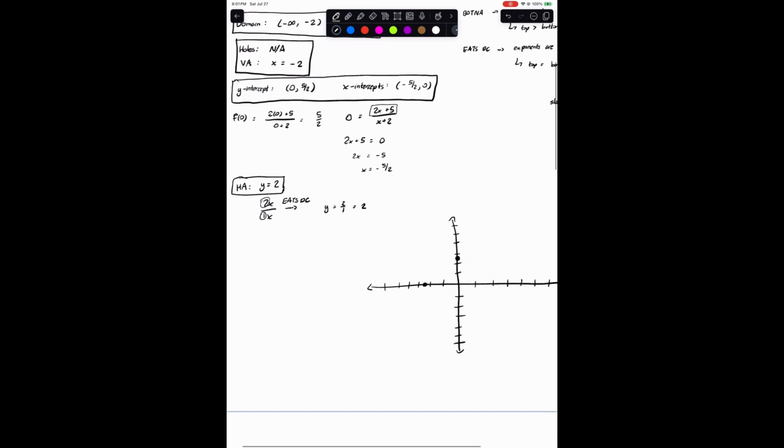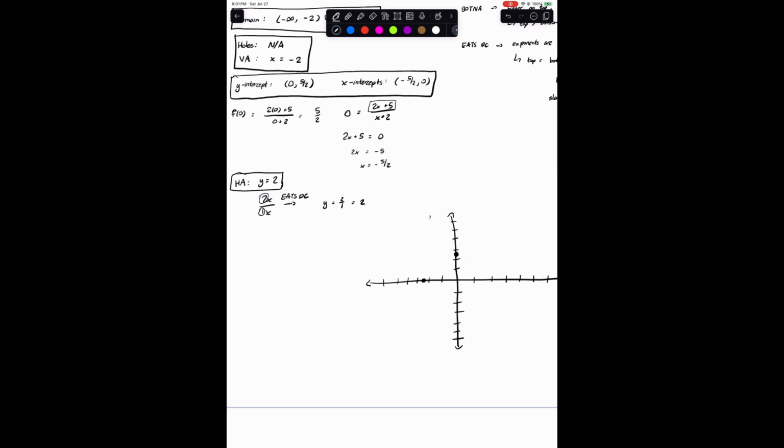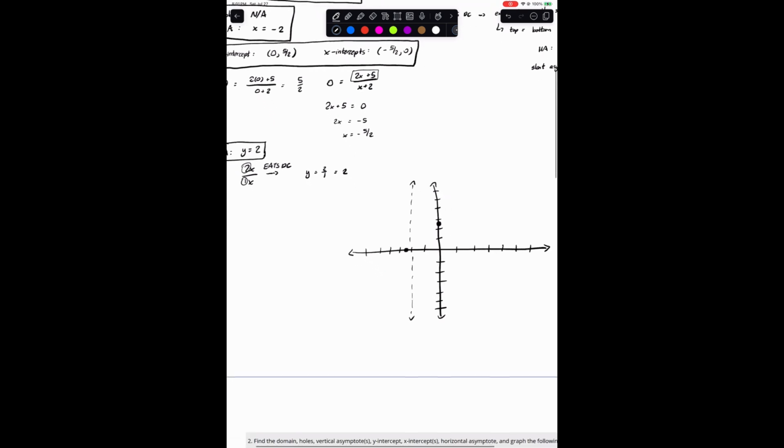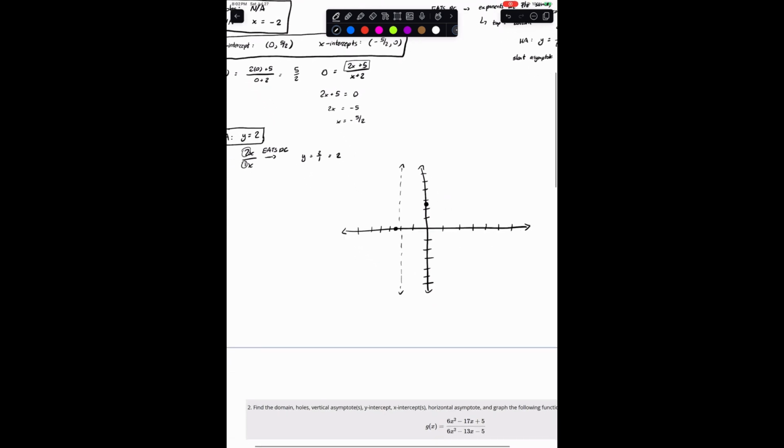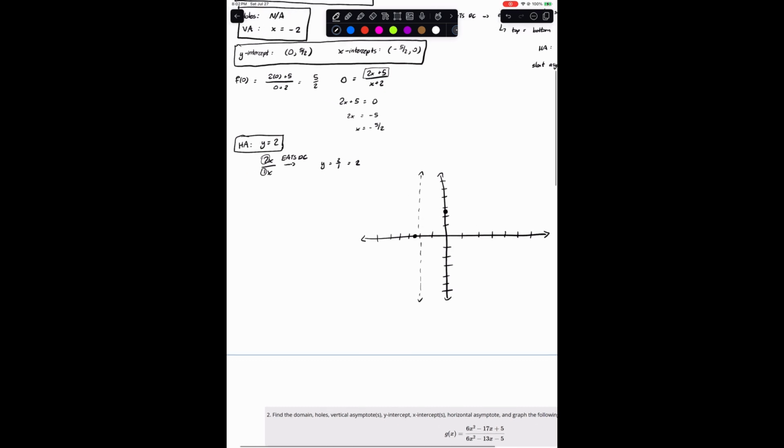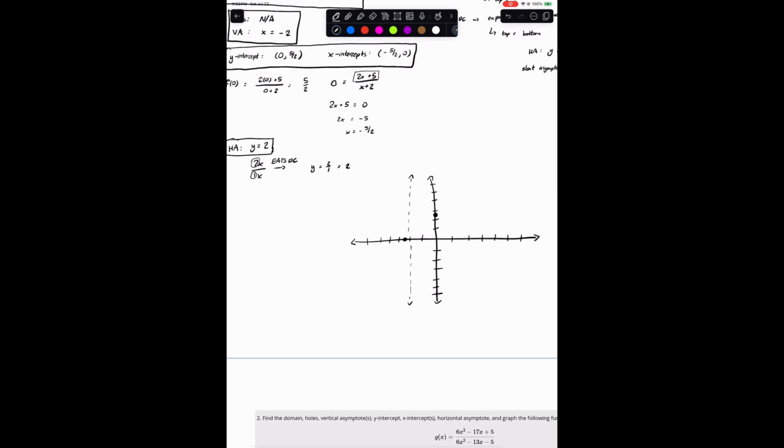We have a vertical asymptote at x equals -2. It's about right here. Note that vertical asymptotes cannot be crossed. If I remember correctly, horizontal asymptotes may be crossed, but it's super rare if they ever do. Horizontal asymptote is y equals 2, so it's about right here.